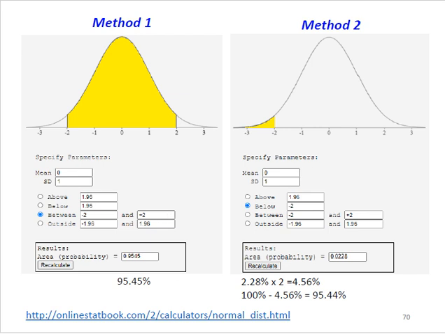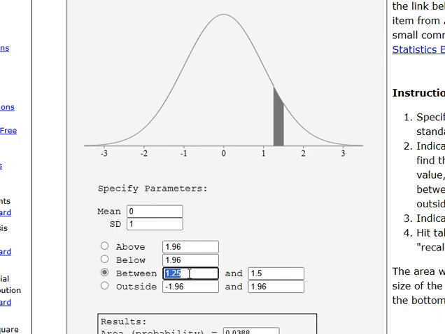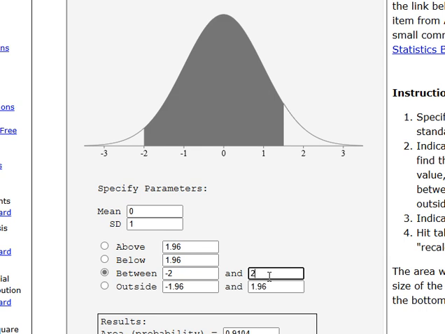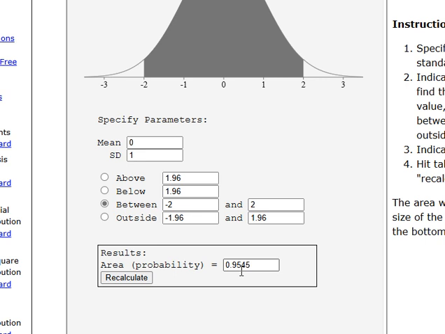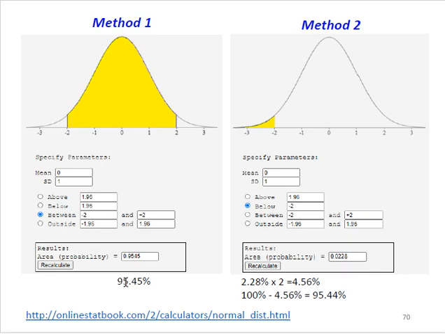If we go in there and put from -2 to 2, it's going to give you this area, which is 0.9545. So 95.45, the same.